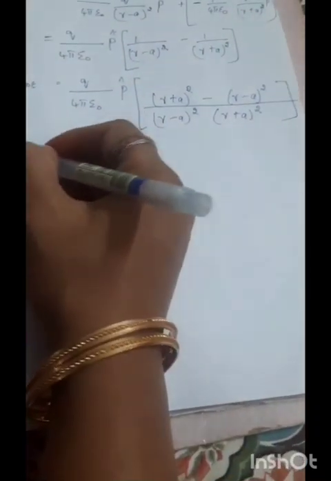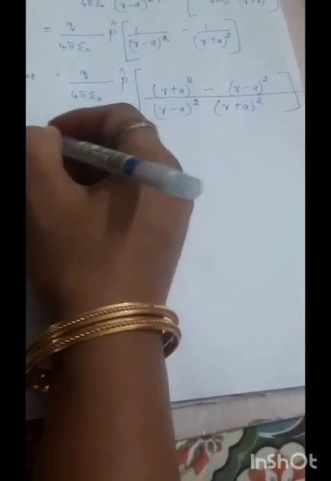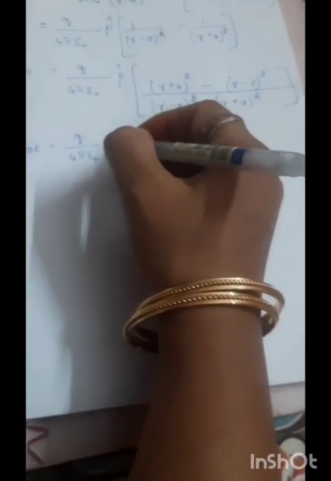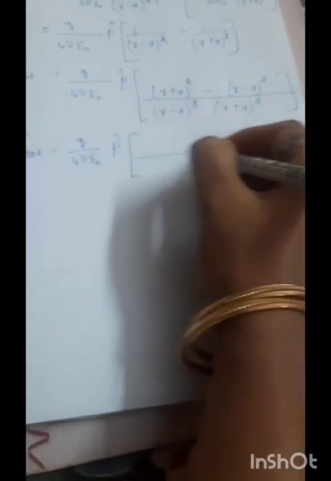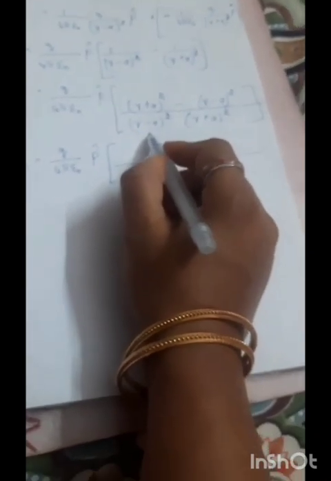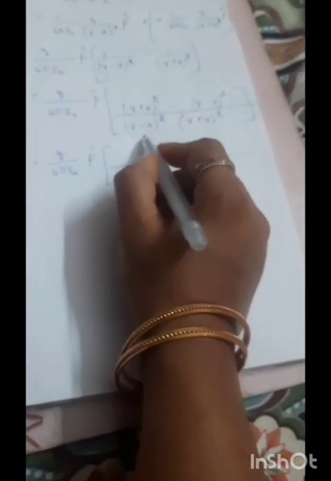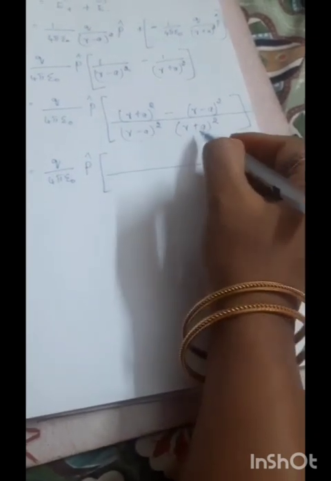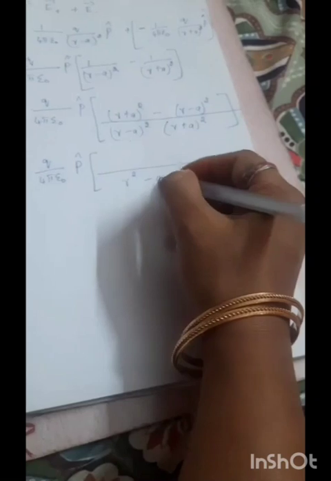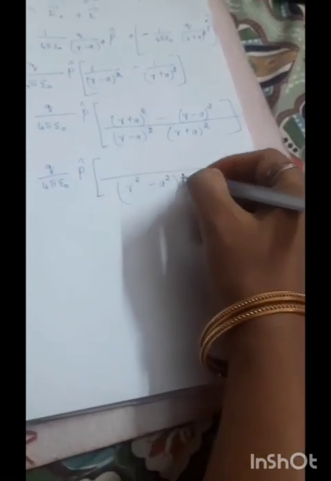Now again E total vector is equal to q by 4 pi epsilon naught p cap into, so this is of the form (r minus a) square into (r plus a) square, which can be written as (r square minus a square) the whole square.